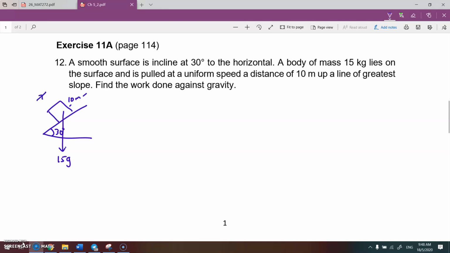So you move here 10 meters. You find the work done against gravity. So this one is also just against gravity.